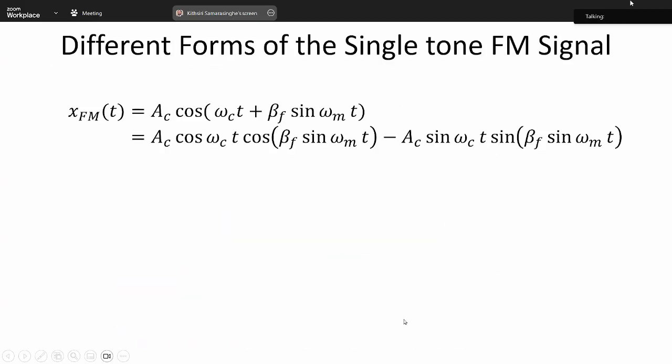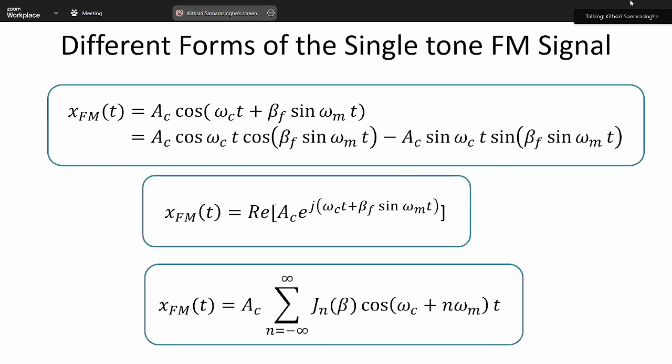So for plotting the spectrum, we use this third form. We have learned three different forms of writing the single-tone FM equation.